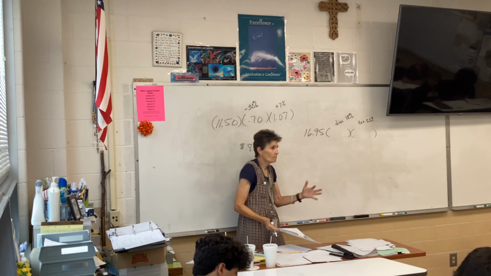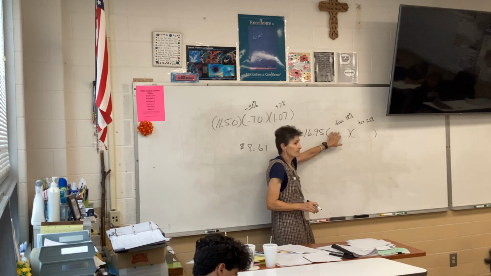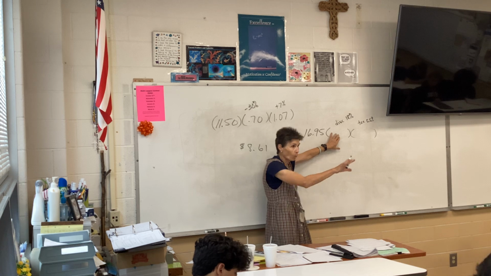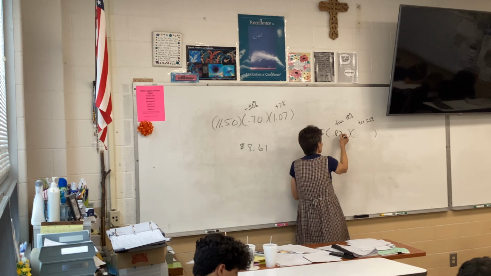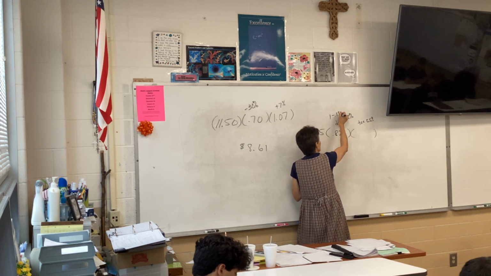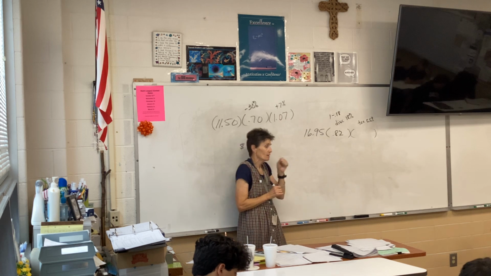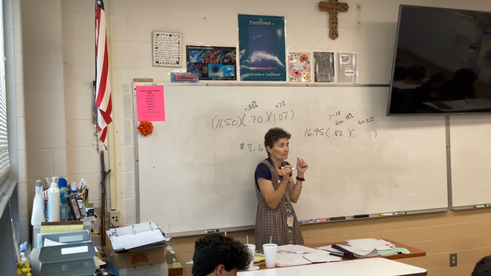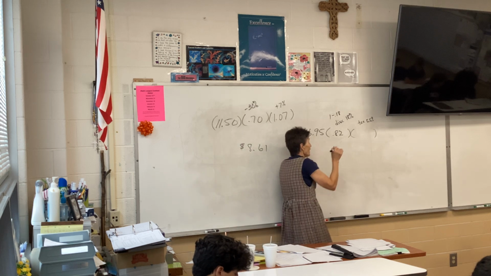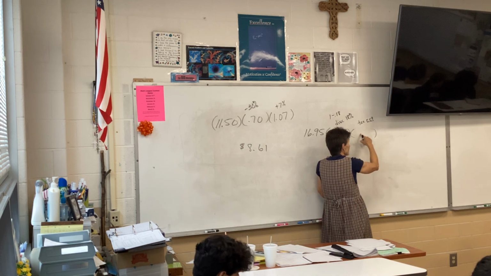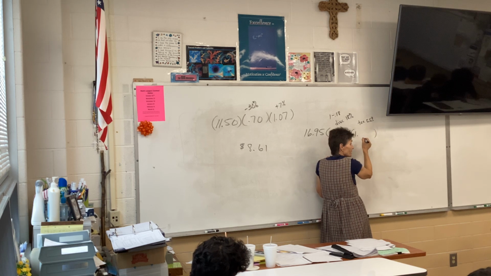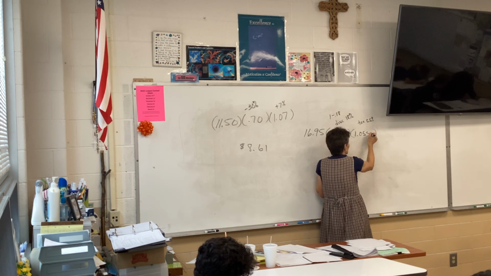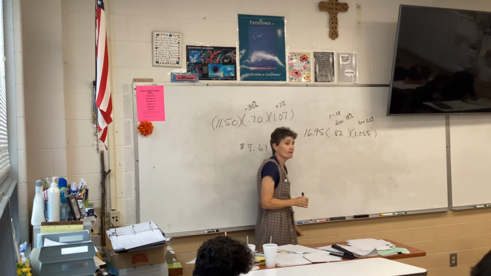So what am I going to multiply by? This number is going to be 0.82, because this number is 1 minus 18%, or 100 minus 18. And what's this one going to be? This is an add-on. So 1 plus 0.055. 1.055.